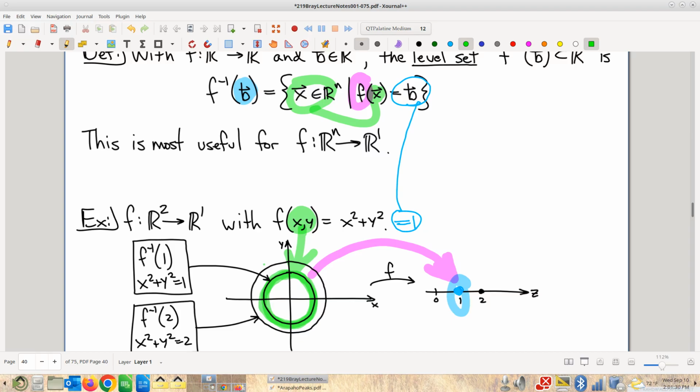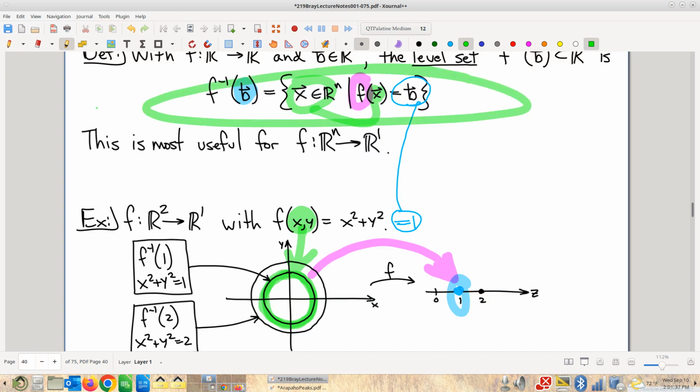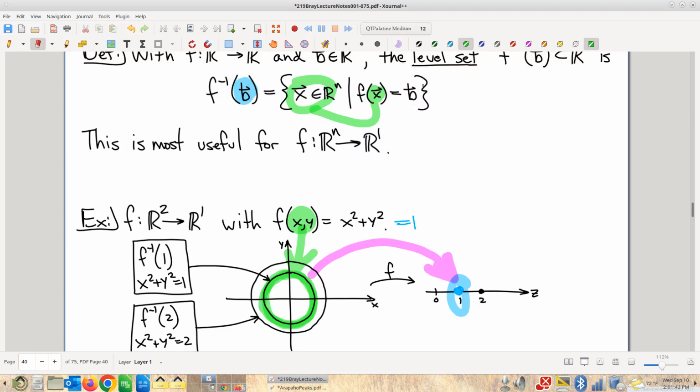Everybody happy with that? Okay. So the definition up here, you can see how that's just representing the process that we're describing down here.